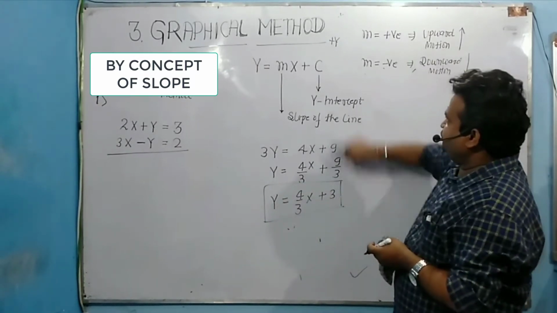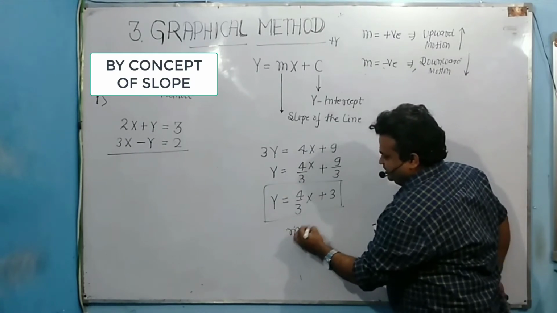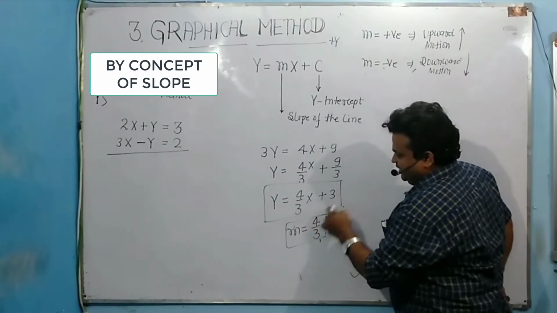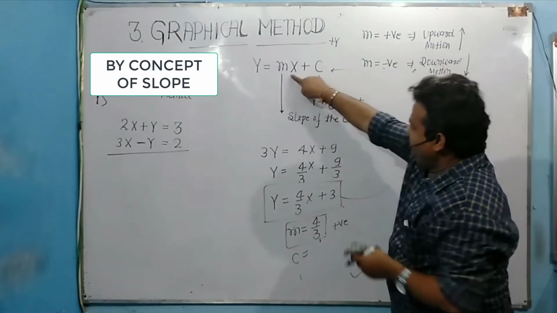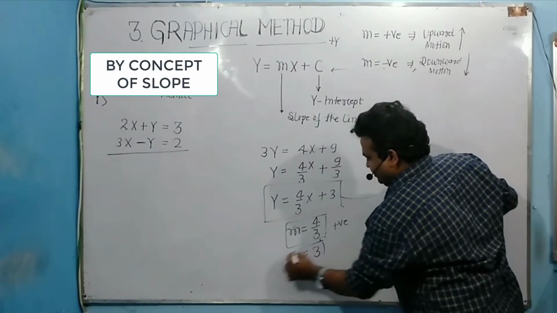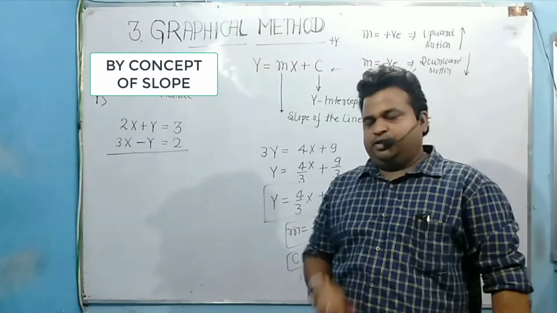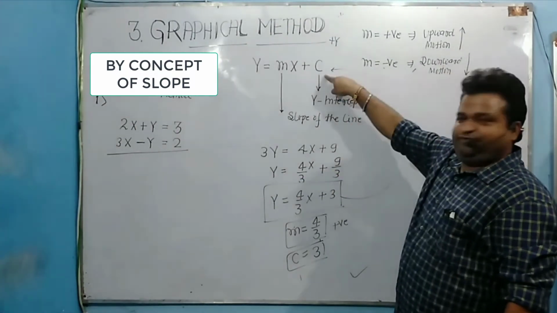Now compare this equation with this. It means my m value in this case is 4 by 3, positive. And what is my c value? If you compare this equation with this, m is 4 by 3 and c is 3. So this is how you calculate the m value and c value whenever the equation is converted into this form.